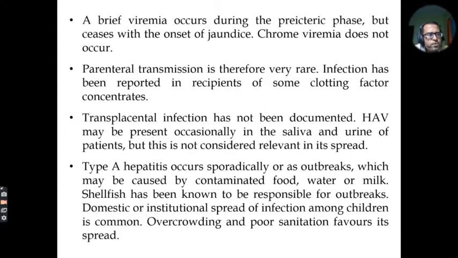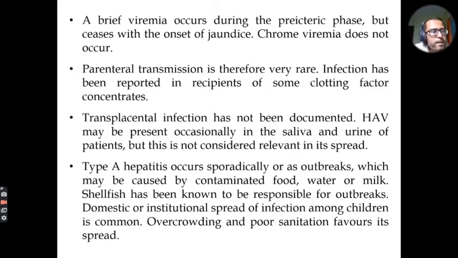This shellfish has been known to be responsible for outbreaks of hepatitis A type of infection. And domestic and institutional spread of infection among the children is also a common fact. And overcrowding, poor sanitation condition favors the spread of hepatitis A type of infection.